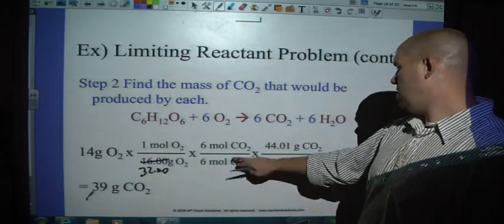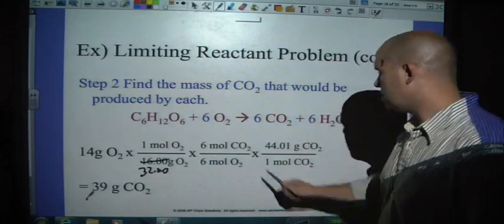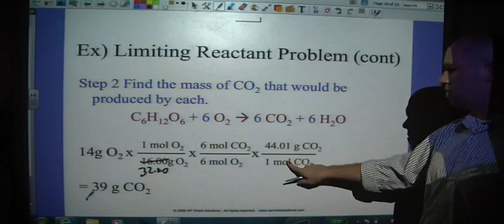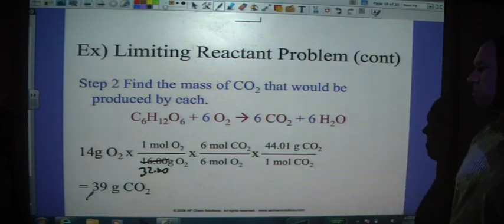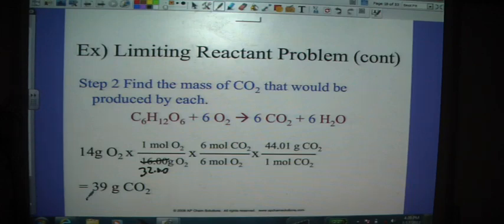We go for every 6 oxygens, there are 6 carbon dioxides. Okay, we're good on that. And again, carbon dioxide always weighs 44.01 for every 1 mole. So now we multiply that through, and let's see what we get. I'm going to grab a calculator just to verify all that.